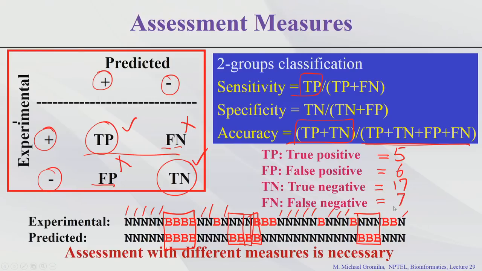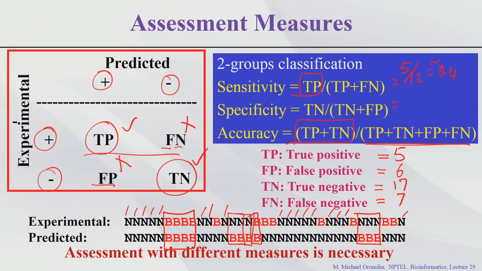If you do this, what is sensitivity? True positive is 5, divided by true positive plus false negative, that is 12. So 5 by 12 is approximately 0.4.